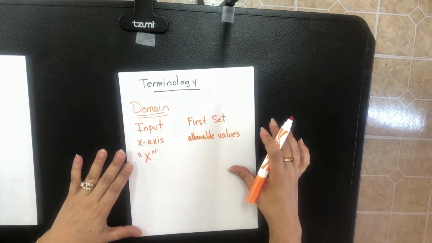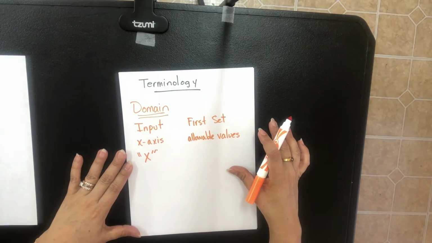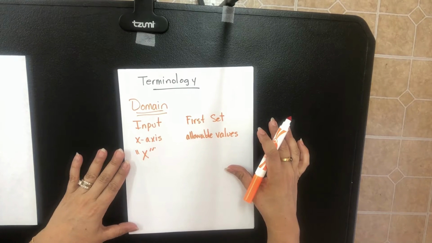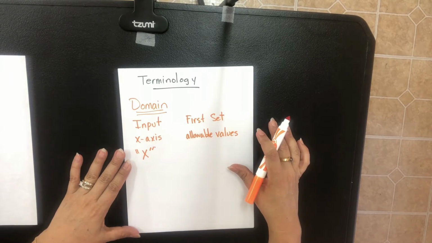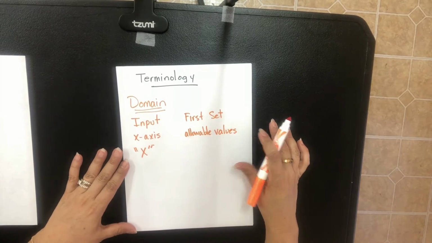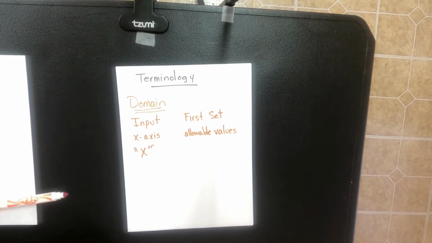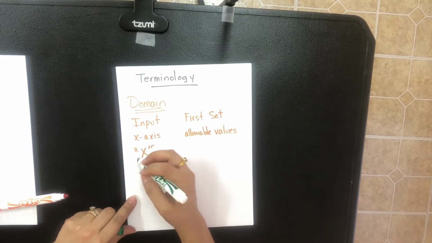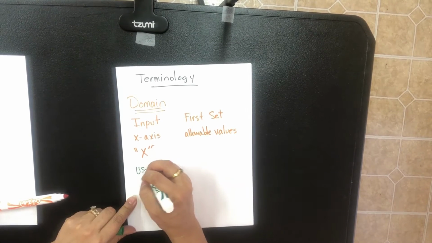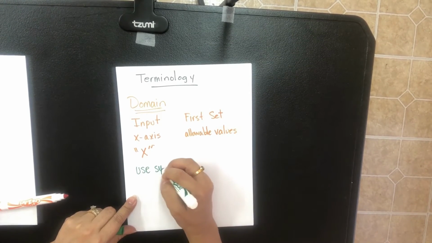Another thing to think about when we think about terminology and we think about domain, we're going to need to think about how we actually communicate the domain. Sometimes we use symbols. Let me get another color. We use symbols.